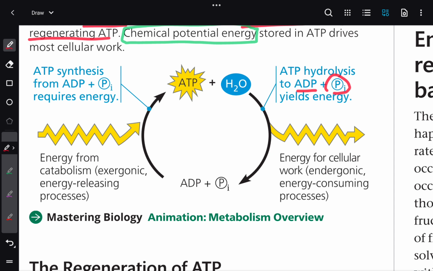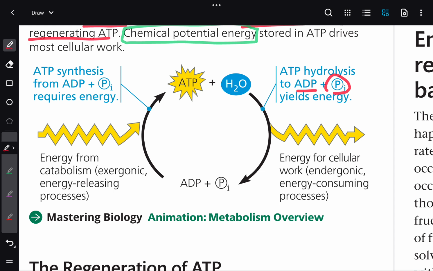This energy is needed for all endergonic reactions within the cell, which consume energy.